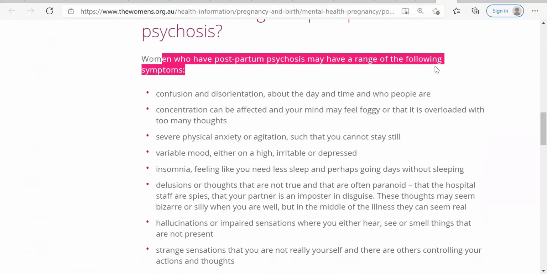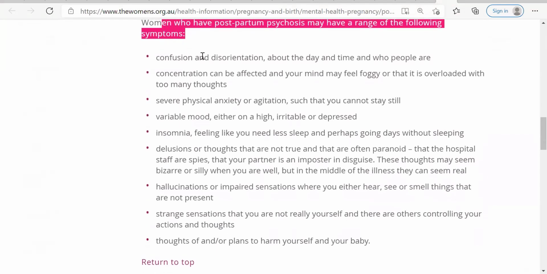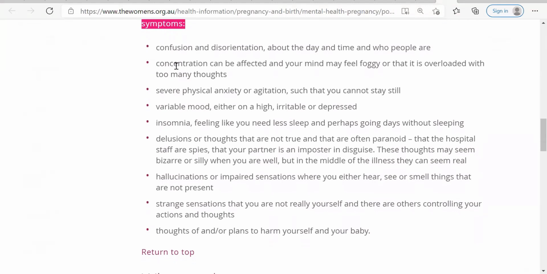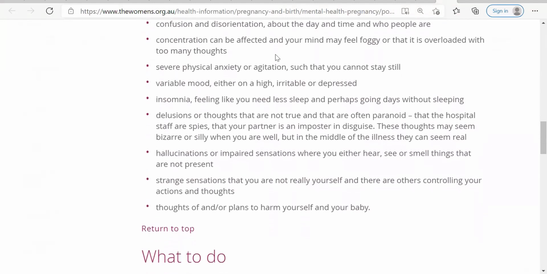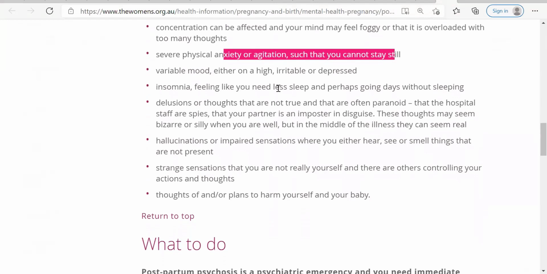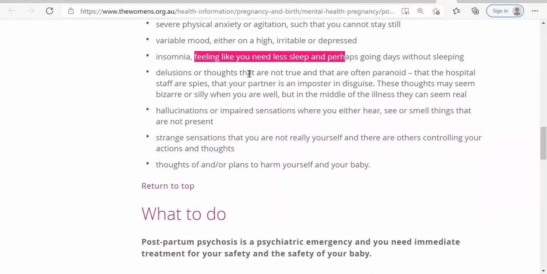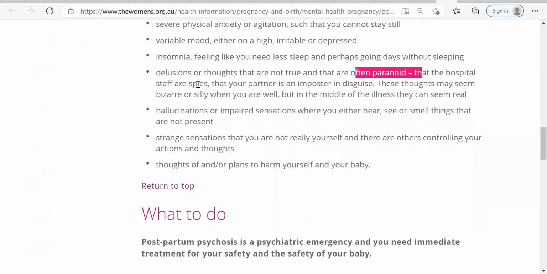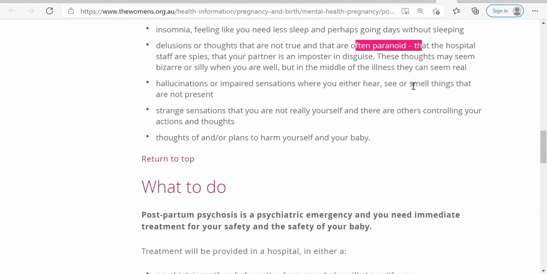Women who have postpartum psychosis may have a range of the following symptoms. They can have confusion, disorientation, concentration can be affected. They can feel foggy, severe anxiety or agitation so that you cannot stay still, variable mood, insomnia, delusions or thoughts that are not true and that are often paranoid, that the hospital staff are spies, that your partner is an imposter. Okay, these thoughts may seem bizarre or silly when you are well, but in the middle of the illness, they can seem real.